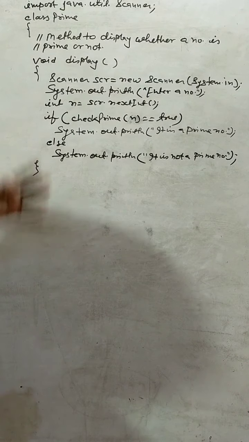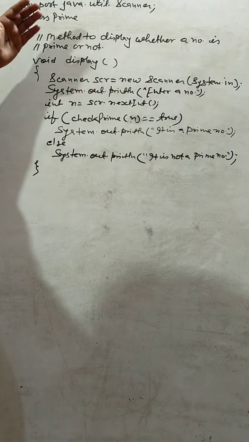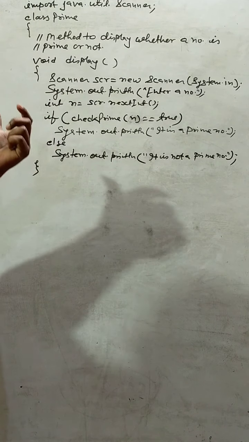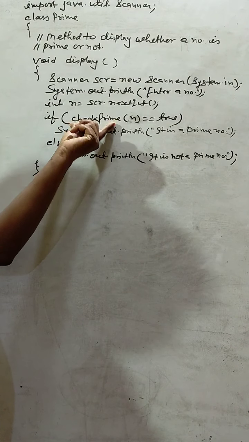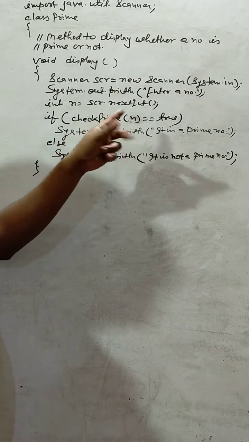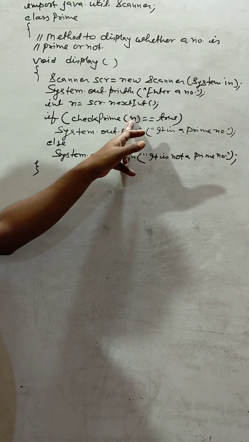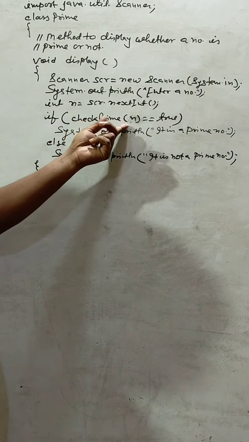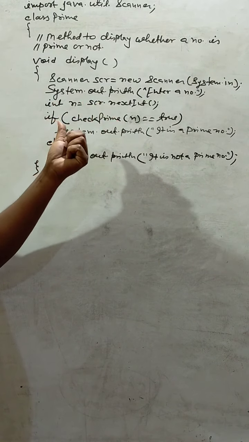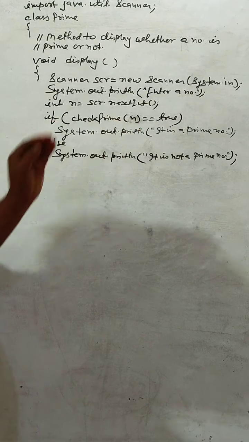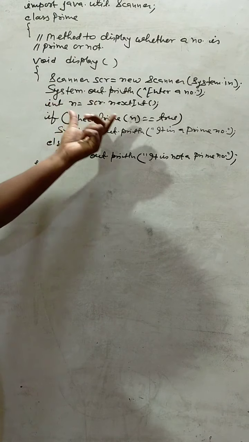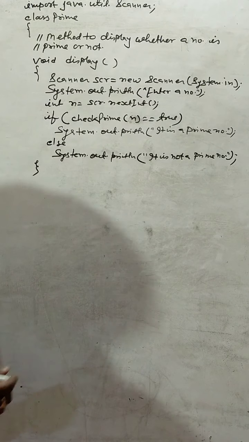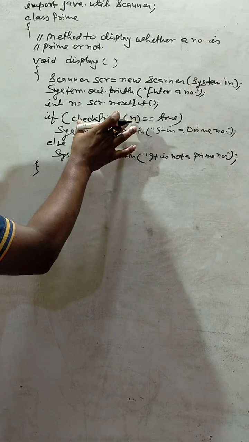In this part of the program, we entered a number and that number is stored in variable n. We called a function checkPrime. This function checkPrime will accept a number n and check whether n is prime or not. If n is a prime number, this function will return true.